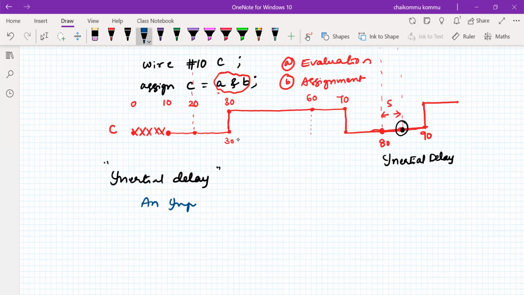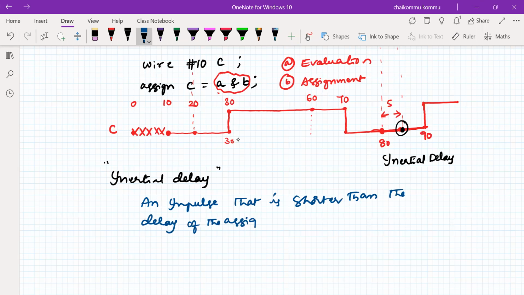An input pulse that is shorter than the delay of the assignment does not propagate to the output.